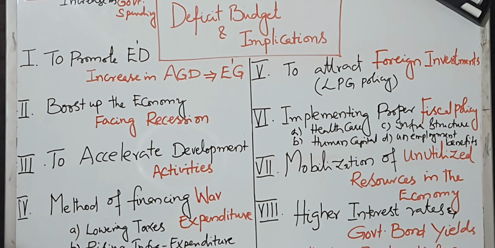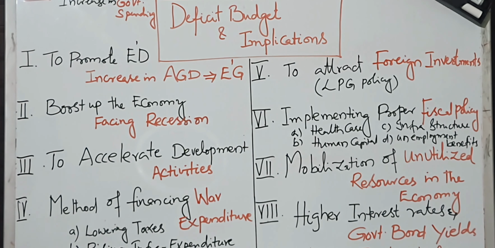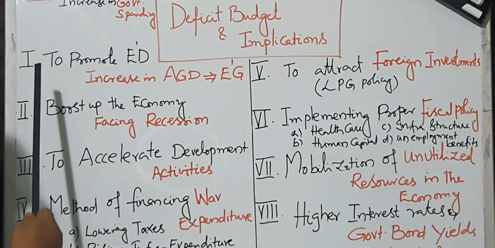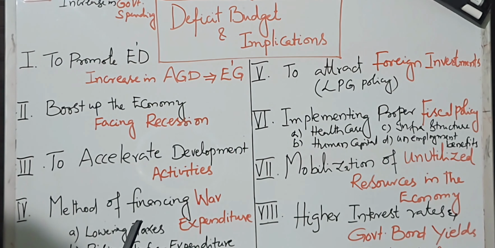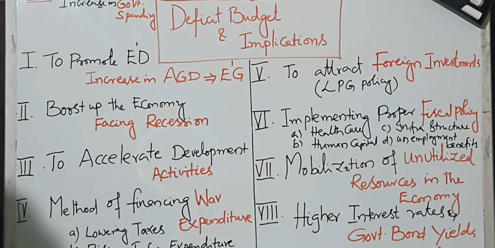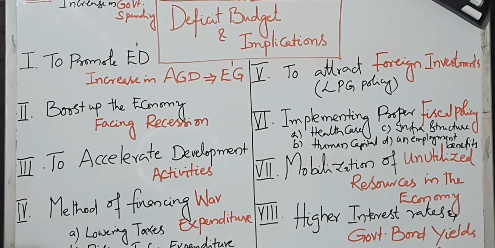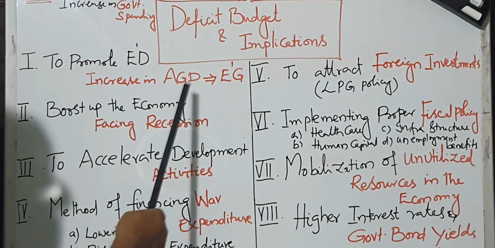Why is deficit budget good for the government, for developing countries? What are the implications of deficit budget? First one, to promote economic development. How to develop the economy in a speedy manner, in the right manner?